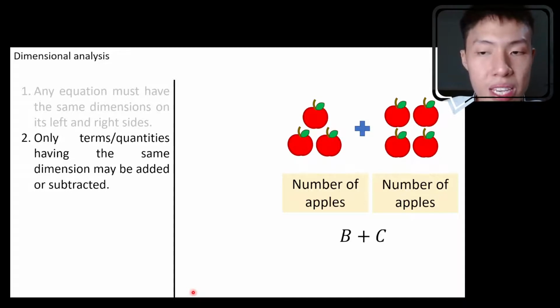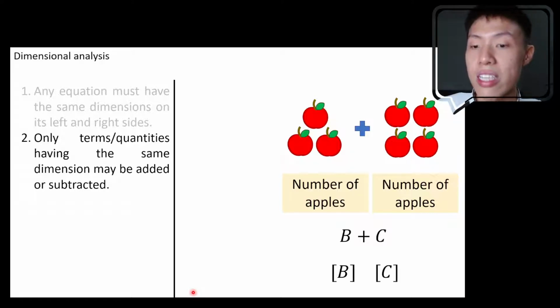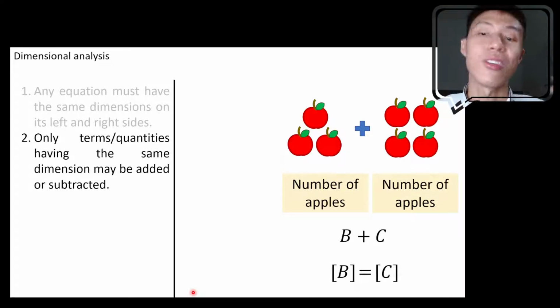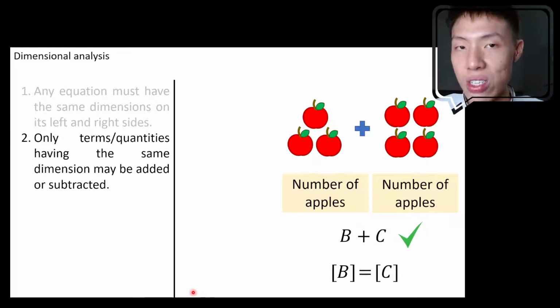So B is 3 apples, C is 4 apples; if you want to add them together, the dimension of B and the dimension of C should be equal. Since they are equal, we can say that B can be added to C. So this is a valid situation.